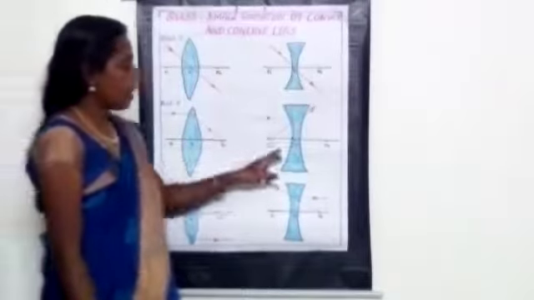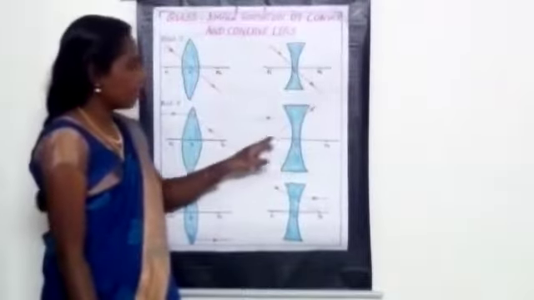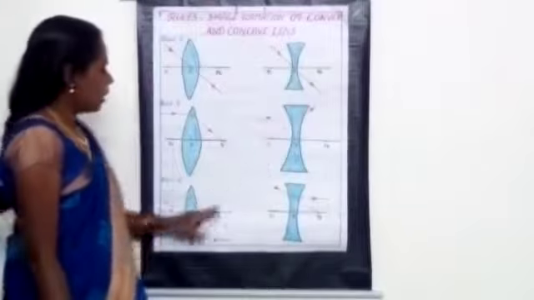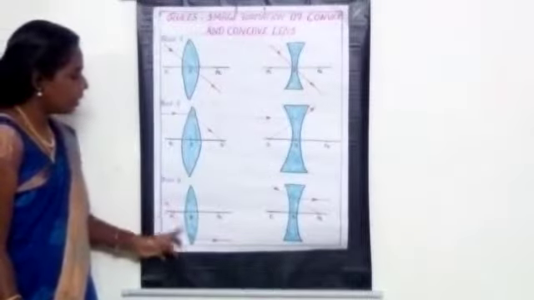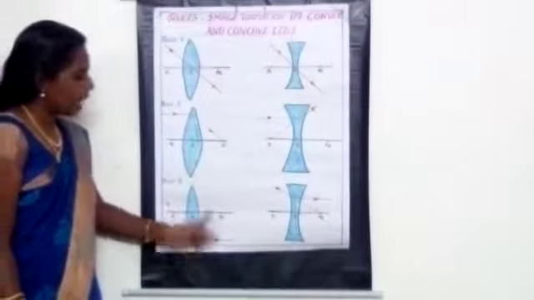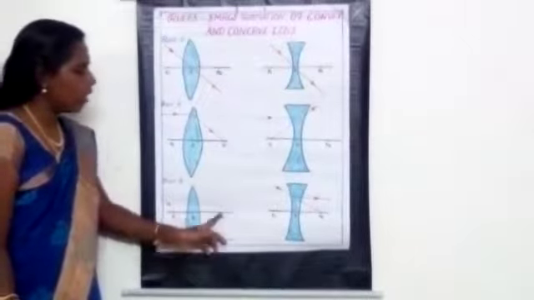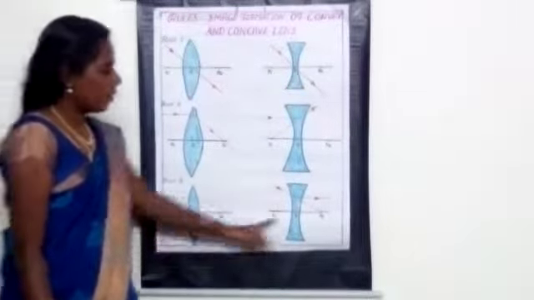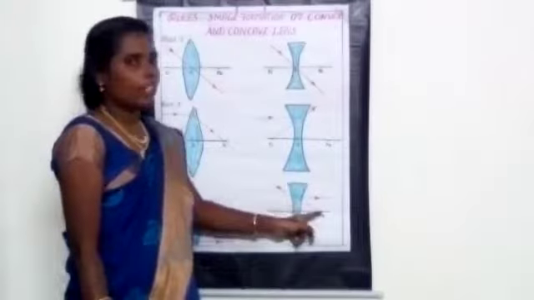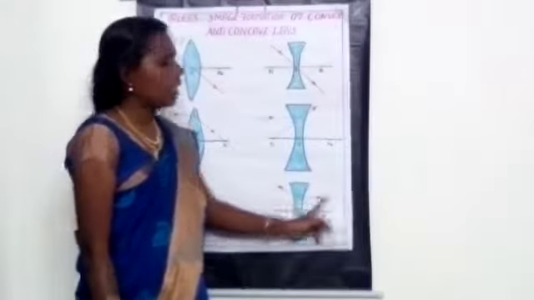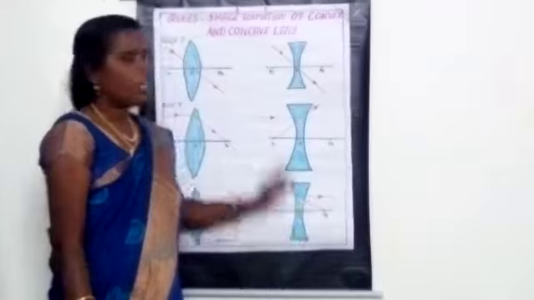For a concave lens, it will diverge and appear to meet at the principal focus. The third rule: when the ray of light passes through the principal focus, after refraction it becomes parallel to the principal axis. For a concave lens, the ray of light directed towards the principal focus, after refraction, will be parallel to the principal axis.